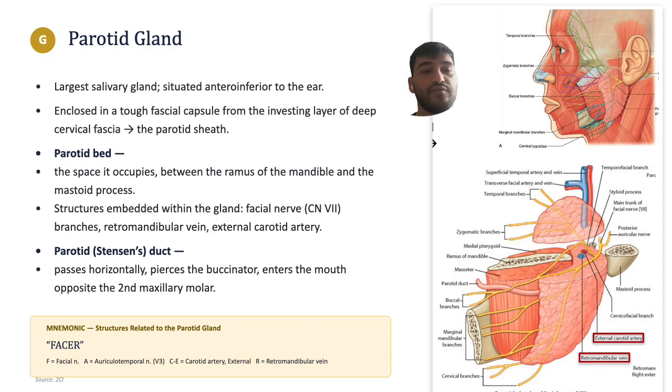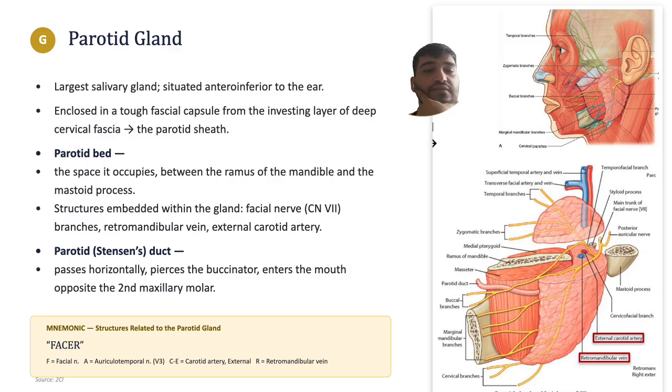And then we get to the parotid gland, and it's the largest salivary gland situated anterior inferior to the ear. So it will be right here. It's enclosed in a tough facial capsule, and the parotid bed is the space that it occupies.